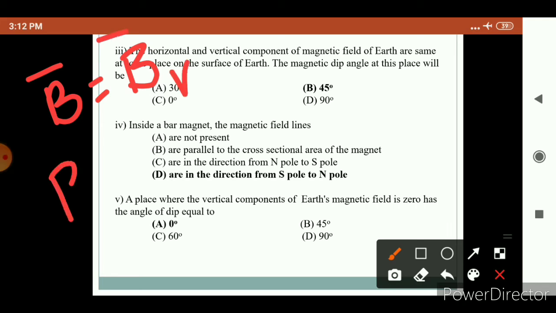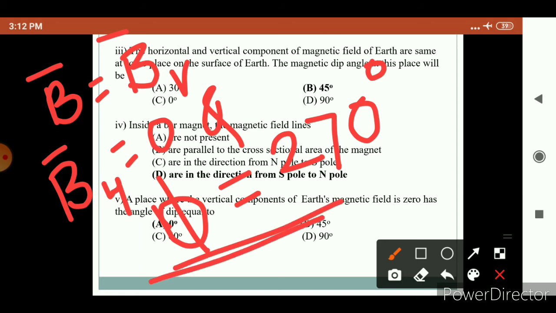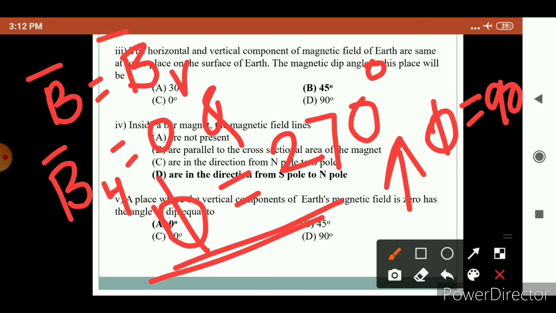At that time BH is again 0 and the angle of dip phi becomes 270 degrees. At that time this is directed in the downward direction, and when phi is equal to 90 degrees, B is directed in the upward direction. This will give the downward direction.